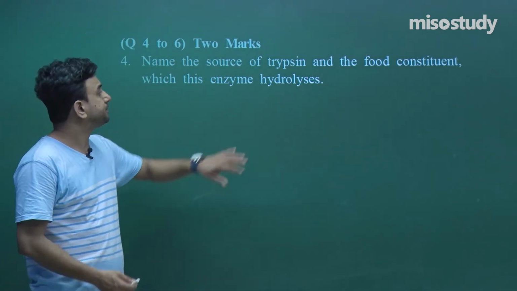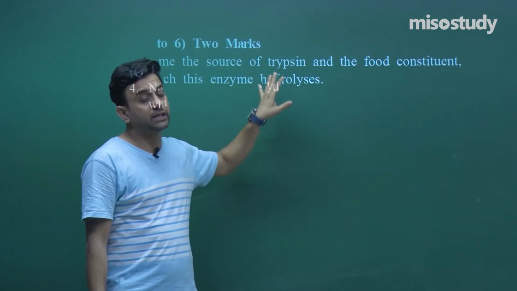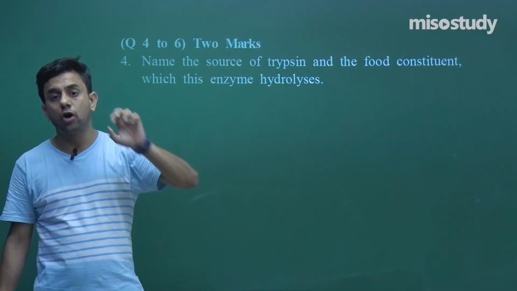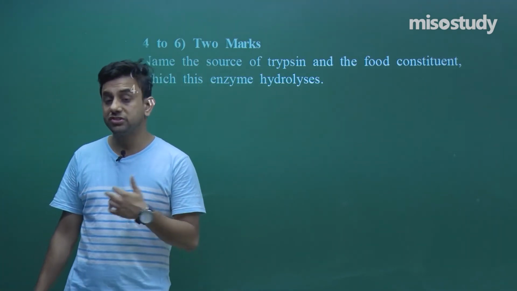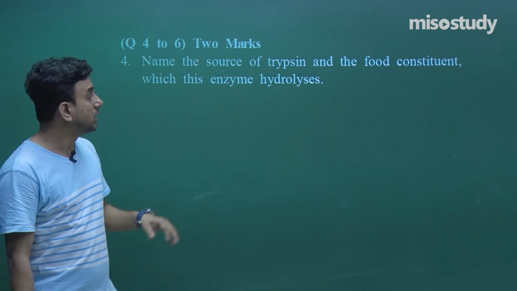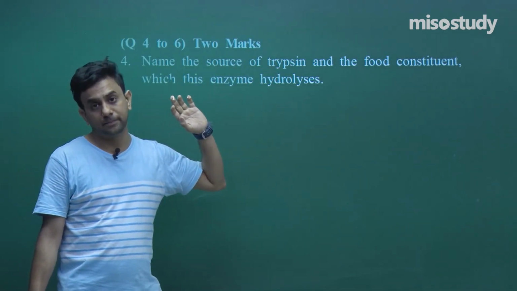This trypsin will be present in the pancreatic juice in an inactive form, trypsinogen, which by the action of the enzyme enterokinase, present in the intestinal juice, converts into trypsin.